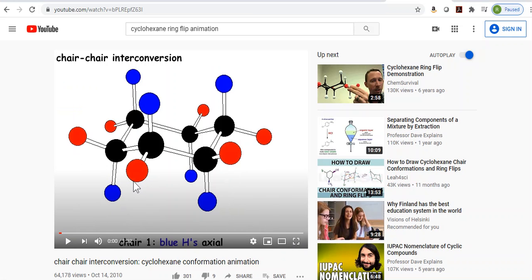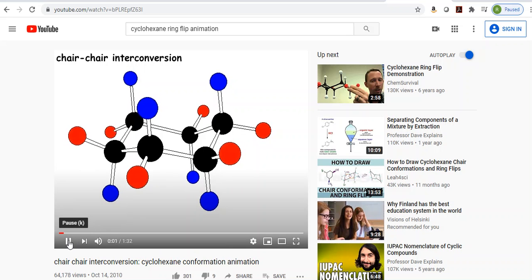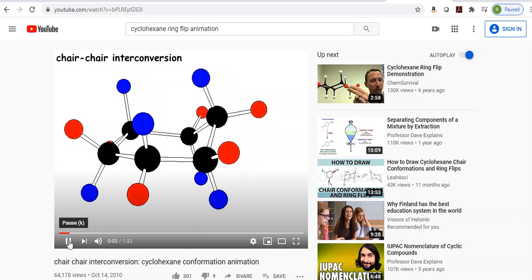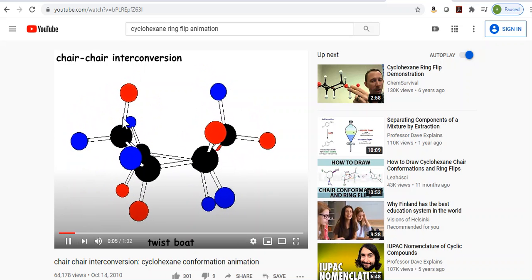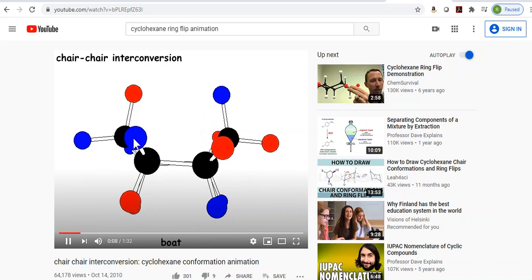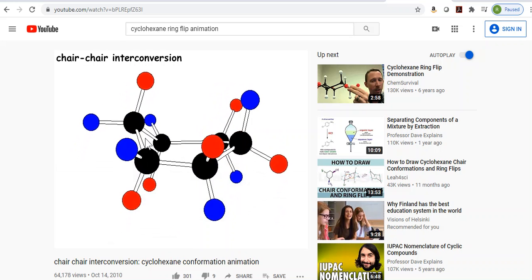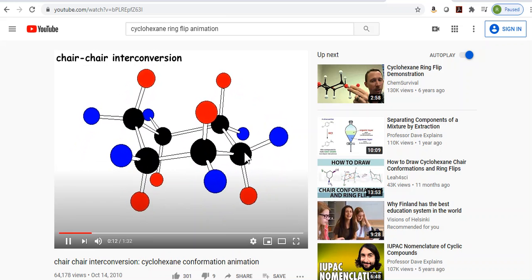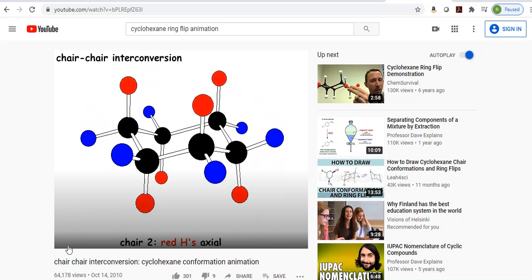Notice again that this time the blue hydrogens are axial and the red are equatorial. Slowly we get one side up, that's called a boat, that's actually pretty high in energy. And then the other carbon goes down.